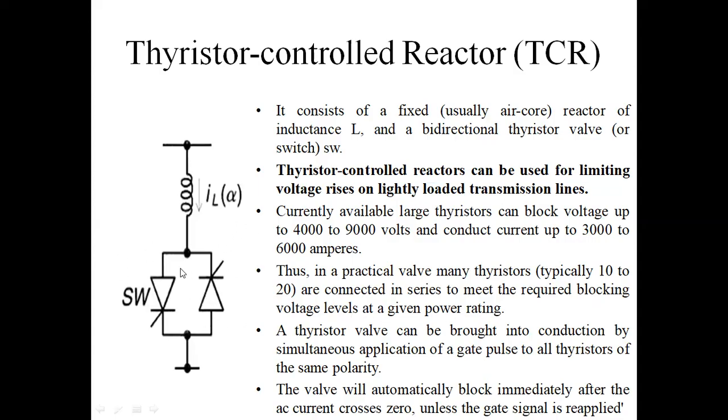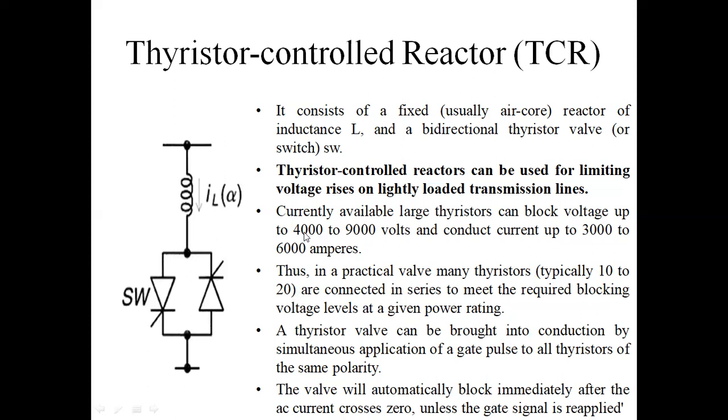In practical applications, in megavolt-ampere or kilovolt transmission, 220 kV, 400 kV transmission, 33 kV, 66 kV, 132 kV, many transmission lines have very high capacity. For this purpose, one thyristor is not sufficient for blocking voltage. That's why in practical applications, 10 to 20.